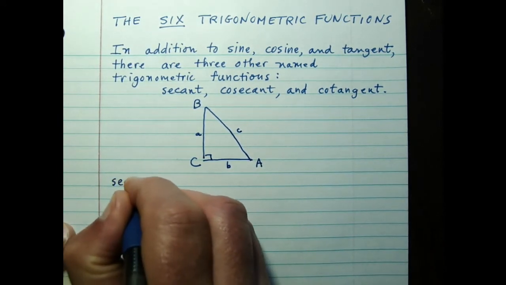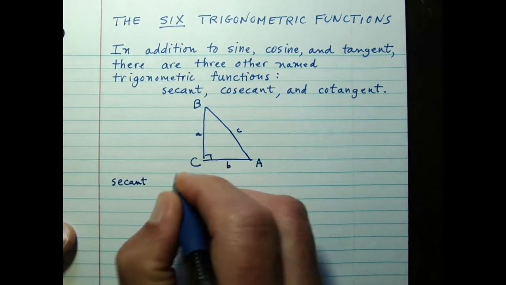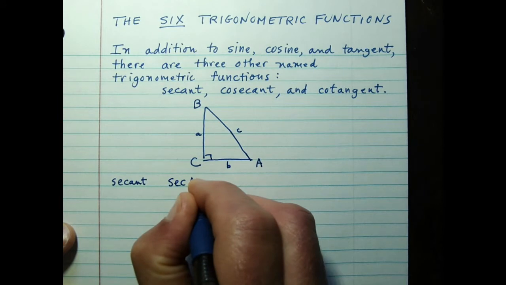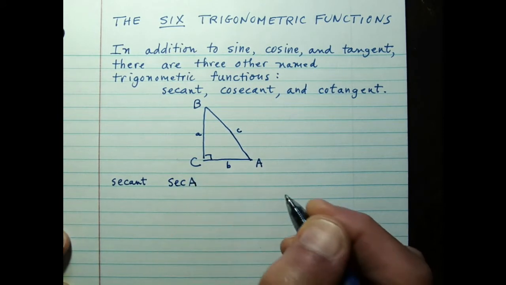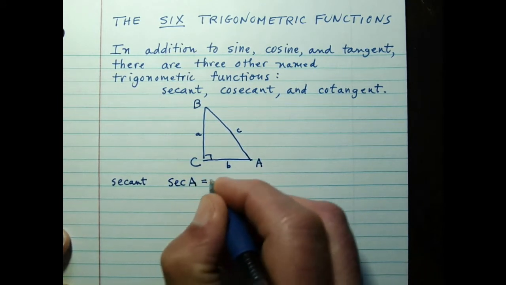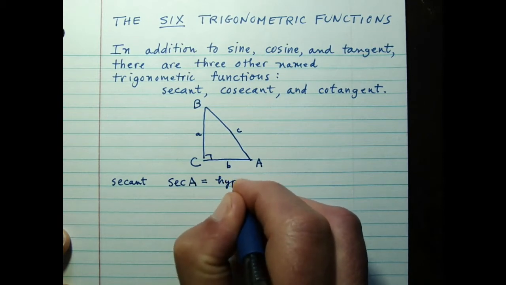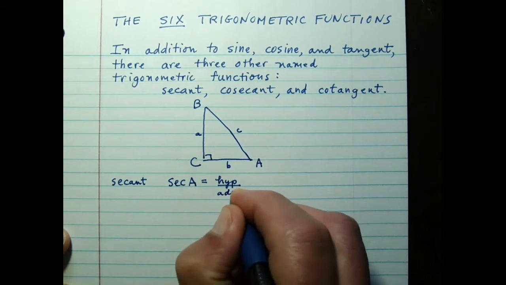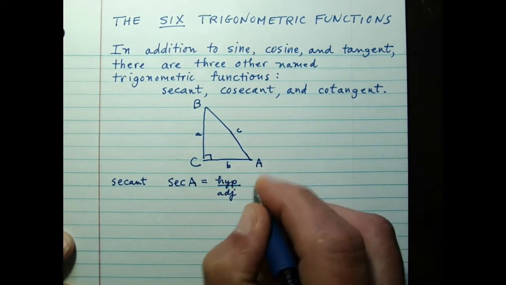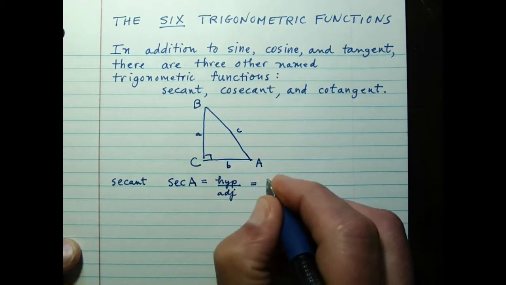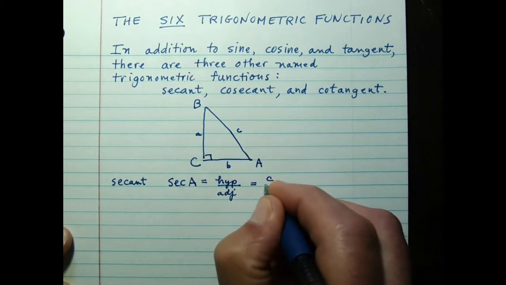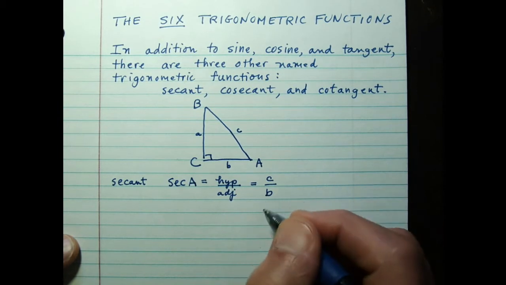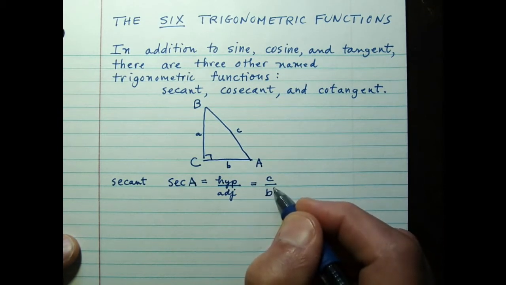So first, the secant. We'll just talk about the secant of angle A, and that's abbreviated SEC A. So secant is a ratio you get by taking the hypotenuse divided by the adjacent side to A, which in my picture is actually C over B. Now, I don't memorize this, I never have.